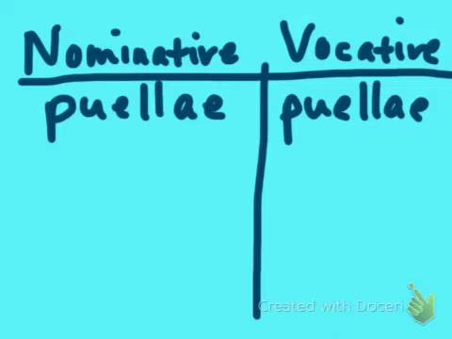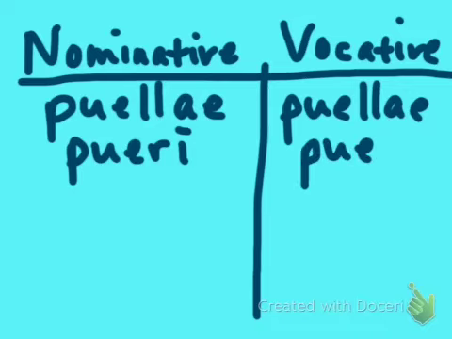If you are calling a bunch of boys, same thing. "Boys, stop running in the garden." That would also be the same as the nominative plural. And so really, anytime you have a plural vocative, it's going to be the same as the nominative.